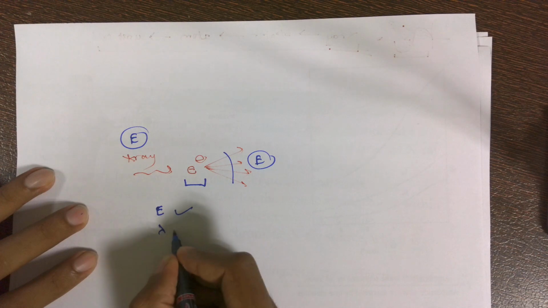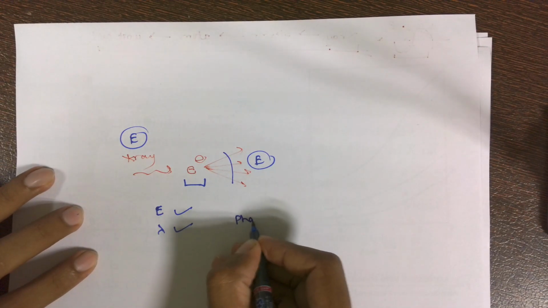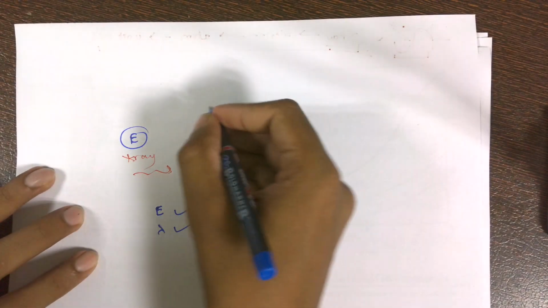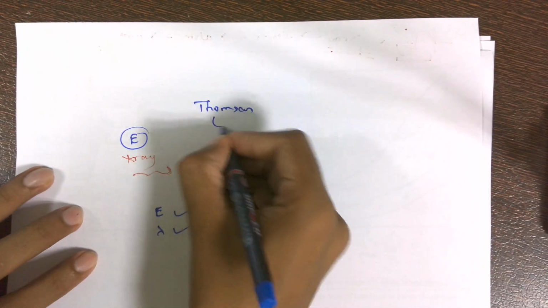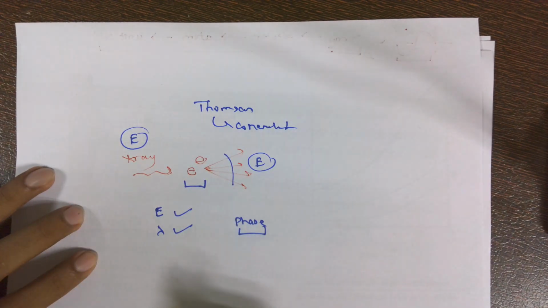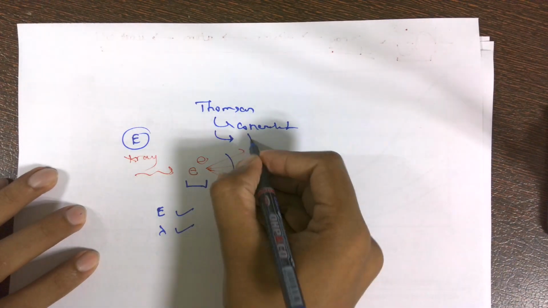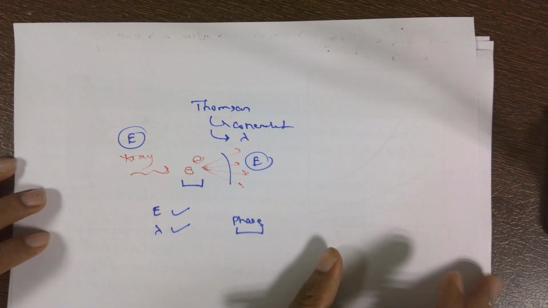It means that their wavelength is the same and also their phase is the same. So they are coherent. So Thomson scattering is coherent, and they are in the same phase and have the same wavelength. So this is about Thomson scattering.